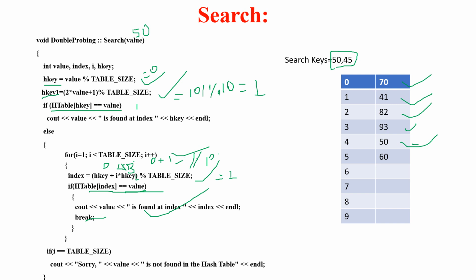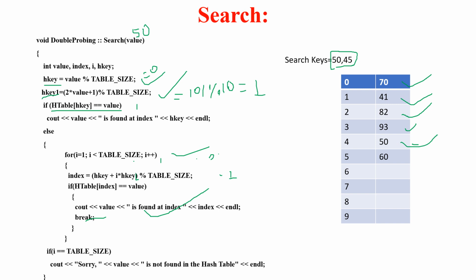Now what will you do? Suppose I am going to search for the element 45, and that 45 is not in my hash table. How will the process happen? First of all, you pass 45 here, then you calculate the h1 value using 45.